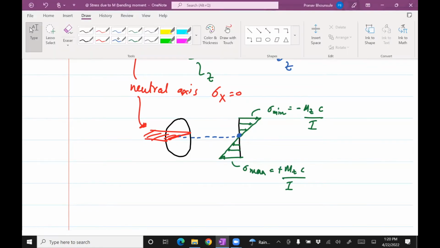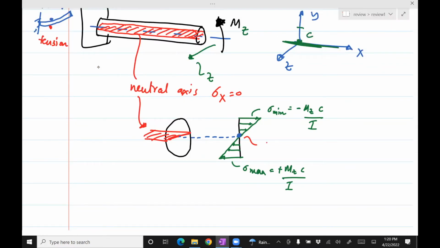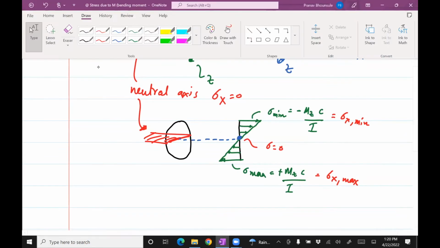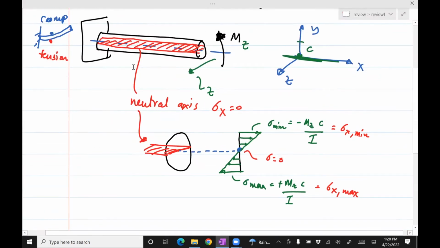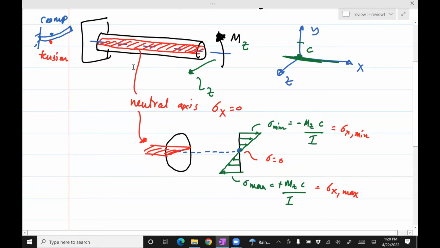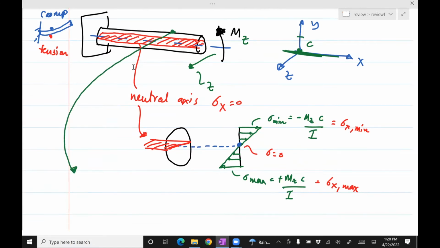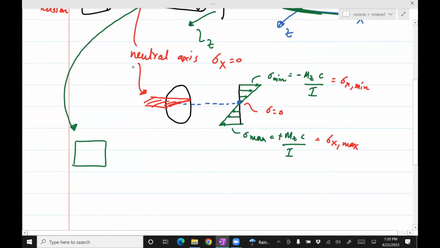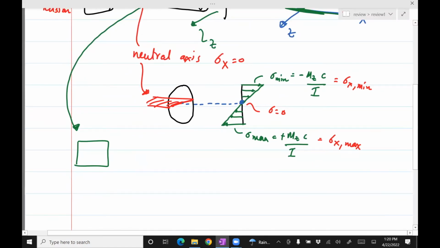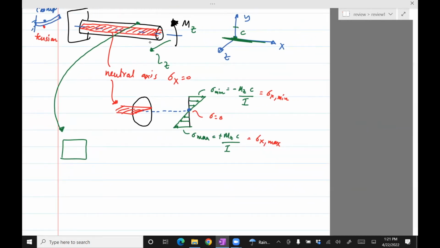Okay, so the key thing is that the stress is 0 in the middle. Sigma is 0. When I say sigma min, it's just sigma x min. It's a stress in the x direction. Sigma x max. Then if you take any element you want to consider on top, let's say, and draw the stresses, what you expect is the stress would be max, or in this case min, my bad.